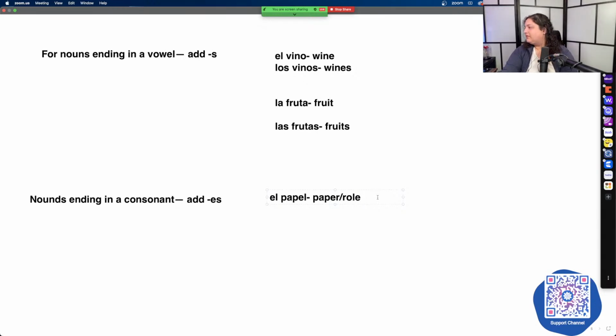Paperwork could be more like los papeles. So los papeles can mean papers, roles, paperwork. So here we're just going to add es. And hello, Richard. Welcome.